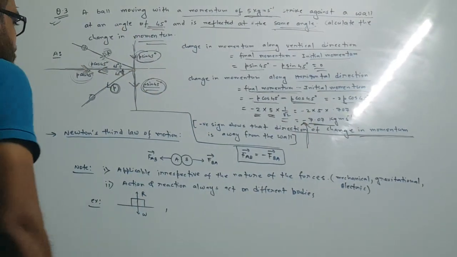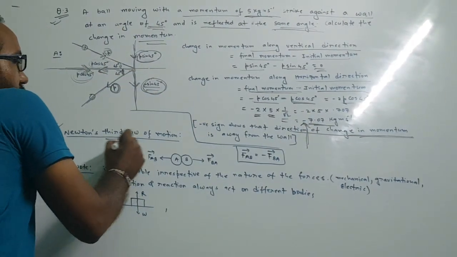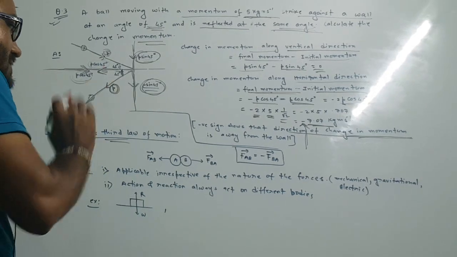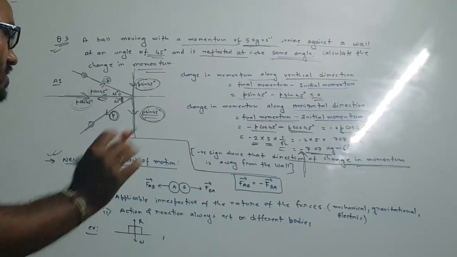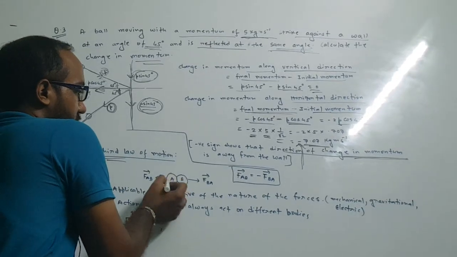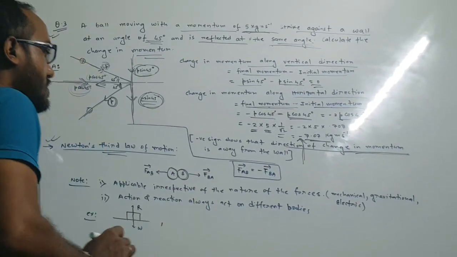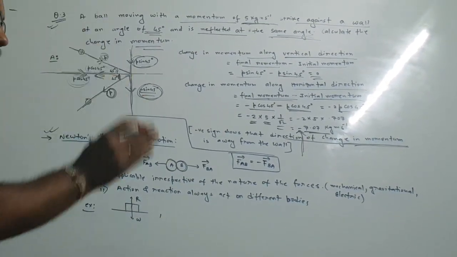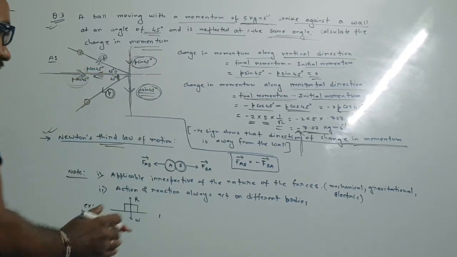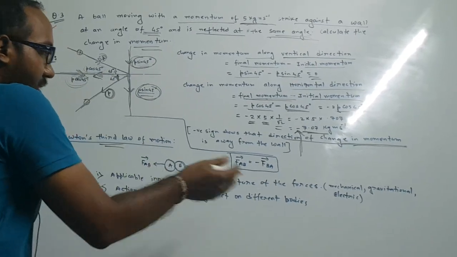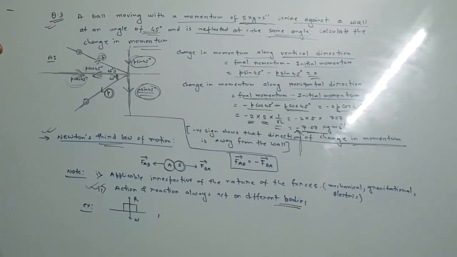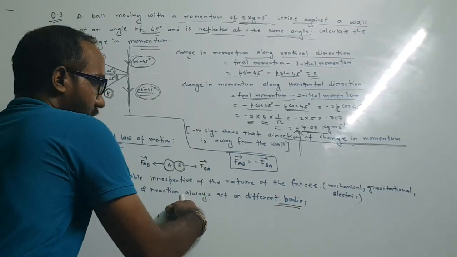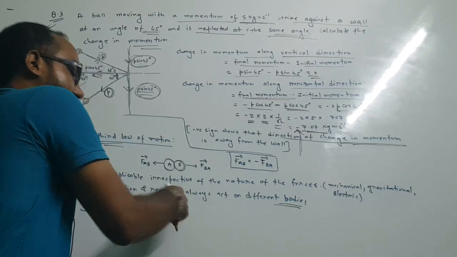Now let us come to Newton's third law of motion. Action and reaction are equal and opposite. We already know that. But always remember, action and reaction do not apply on the same body. Action and reaction apply on different bodies, because if you are pushing this board, then you need a board to apply it on, and the board will give the reaction.